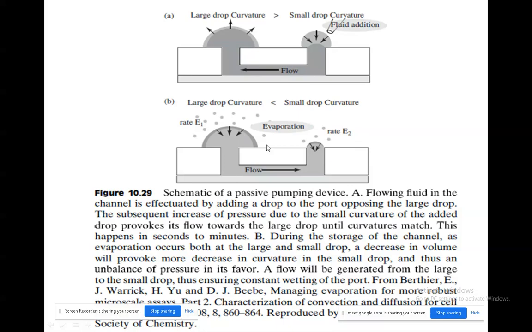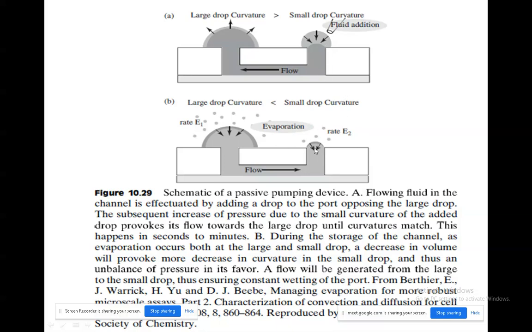And then during the storage in the channel, evaporation occurs at both the large and small drop. That means while you are storing the fluid in the channel, your drops may begin to evaporate, which leads to a decrease in volume and provokes a greater decrease in curvature in the small drop.